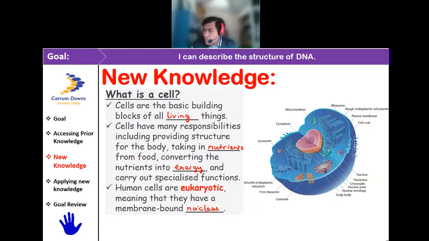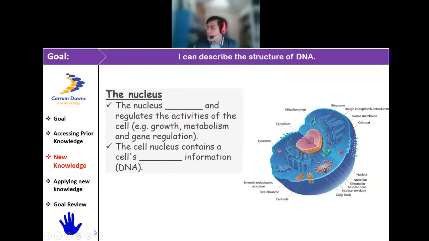Okay, and let's talk more about the last part here, the nucleus. So you can see here on the right-hand side with the diagram, the nucleus is this part here. You can see that it's got sort of like a wall on the outside, so that's the nucleus membrane, or on the diagram here it's called the nuclear envelope.